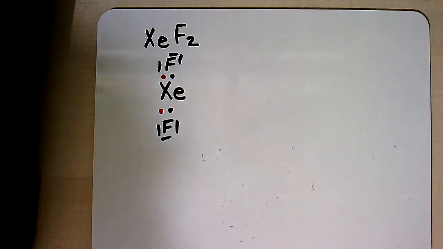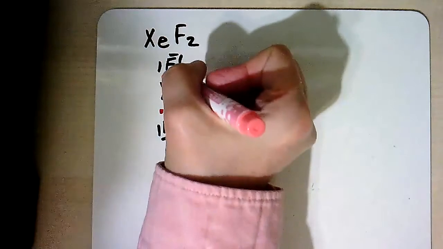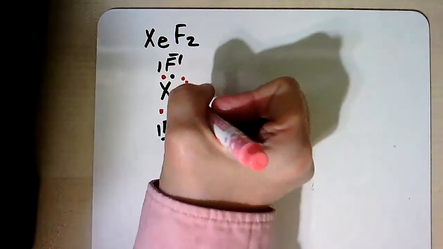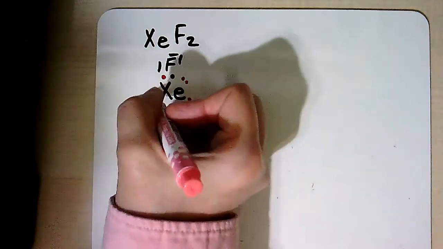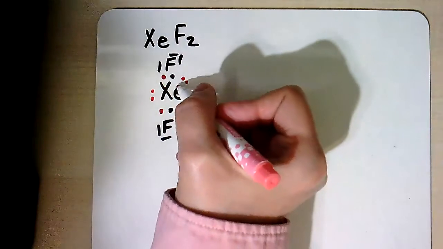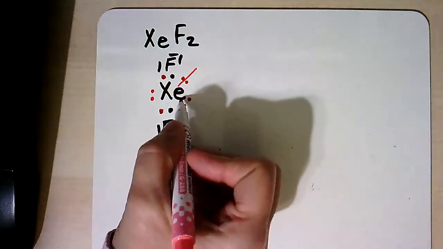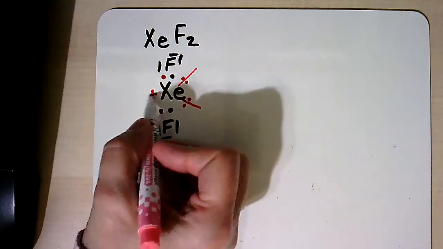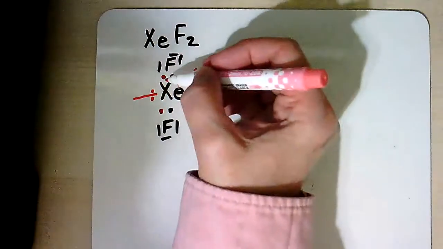But xenon has 8 electrons. So 3, 4, 5, 6, 7, 8. In other words, it ends up having 3 lone pairs. Let's extend out those pairs so we can see what we're dealing with here.